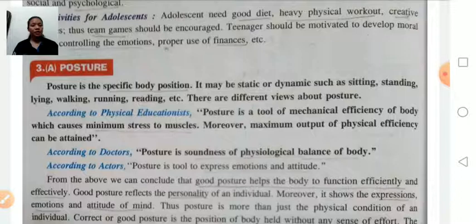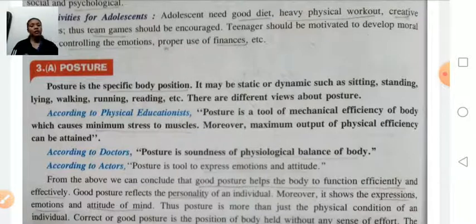Posture is that which gives minimum stress to the muscles, and maximum output of physical efficiency can be gained. For physical education, posture means minimum stress over the muscles and the maximum output of physical efficiency.